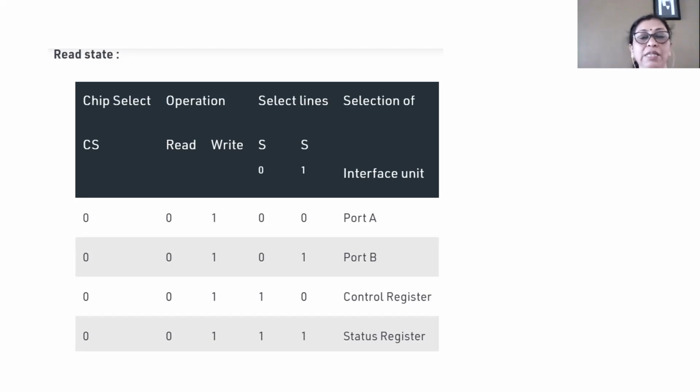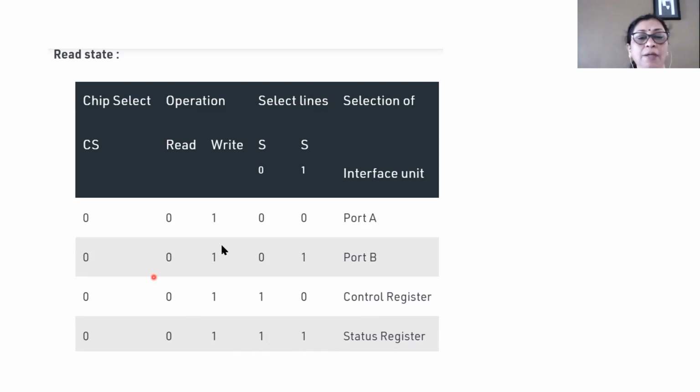Now the select signals S0 and S1 are used to select the different registers in the interface unit. When 00 is present, port A is selected. When 01 is present, port B is selected. When 10 is present, the control register is selected, and when 11 is present, the status register is selected.